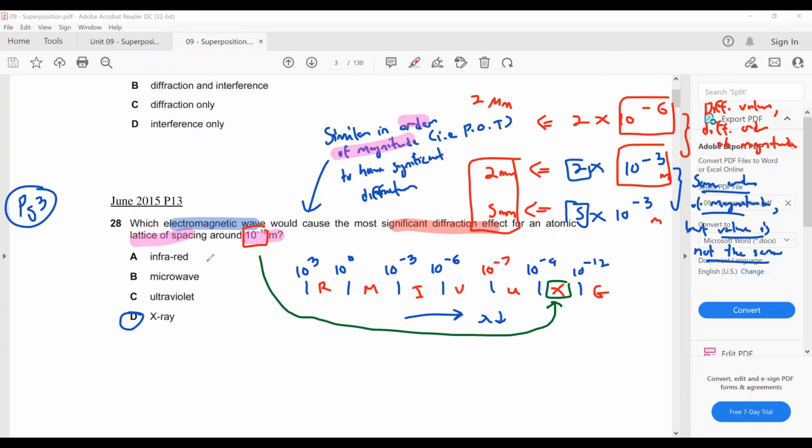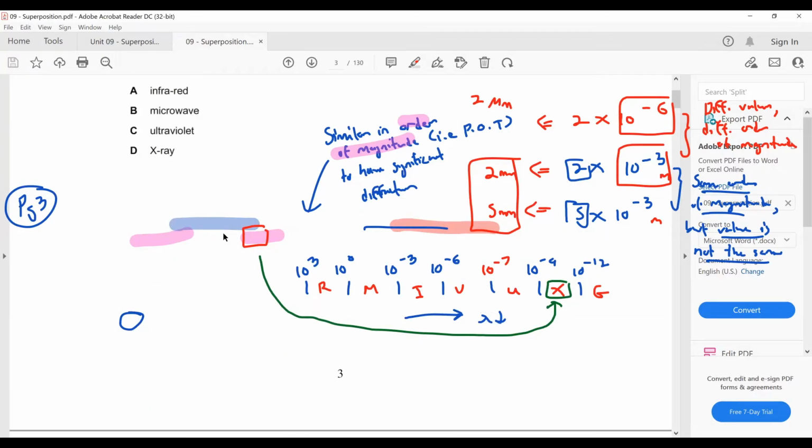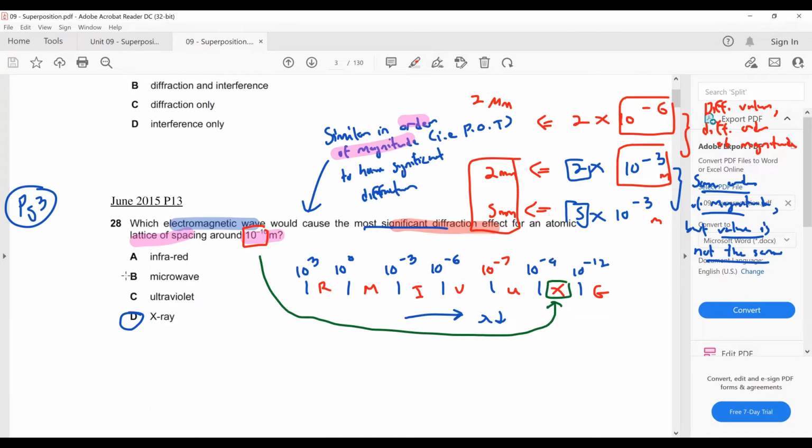X-ray has an order of magnitude the same as the lattice spacing, 10 power minus 10. It also has 10 power minus 10. So therefore, X-ray will give you the most significant diffraction. So that one is okay. All right, so answer is D.